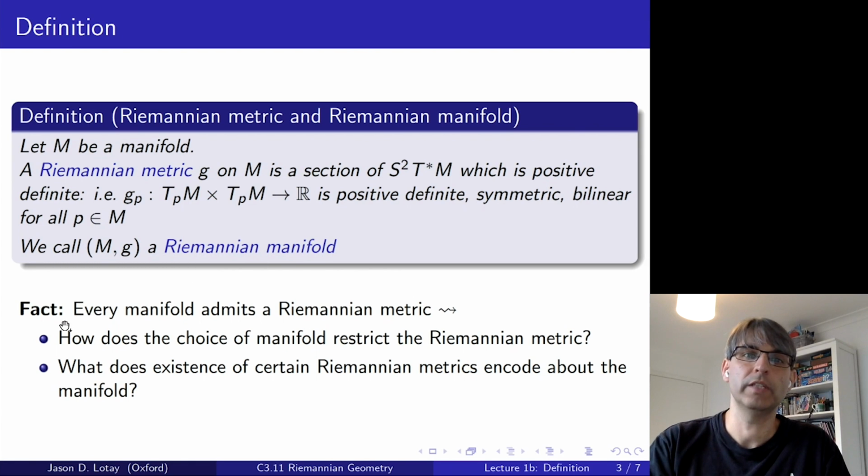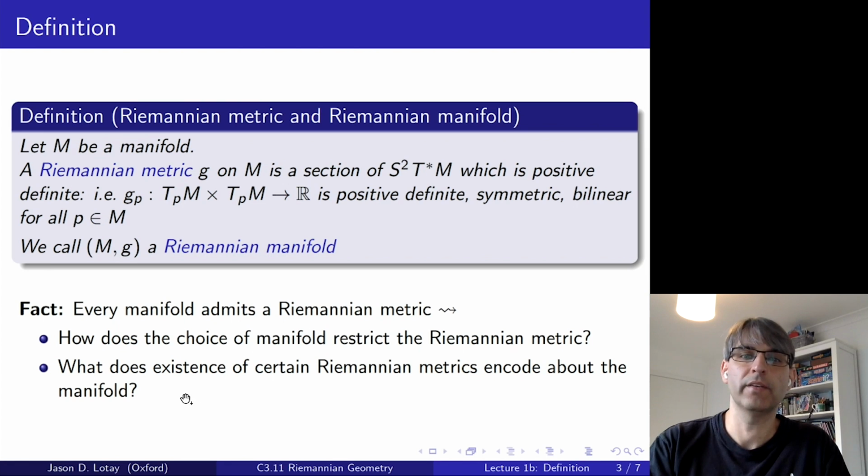Now, what you'll have seen in the differentiable manifolds course is that every manifold admits a Riemannian metric. In fact, it will admit infinitely many. And so there are two fundamental questions, which are kind of the opposites of each other, that we want to understand in this course. The first is, how does the choice of manifold, in other words, the smooth manifold, the underlying topological space, restrict the Riemannian metric?